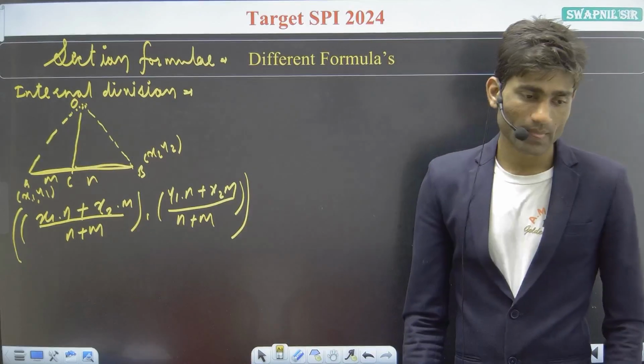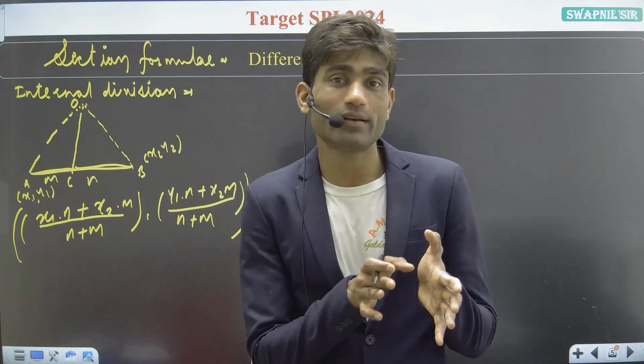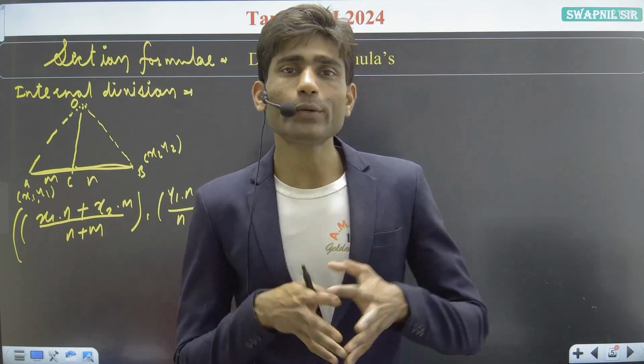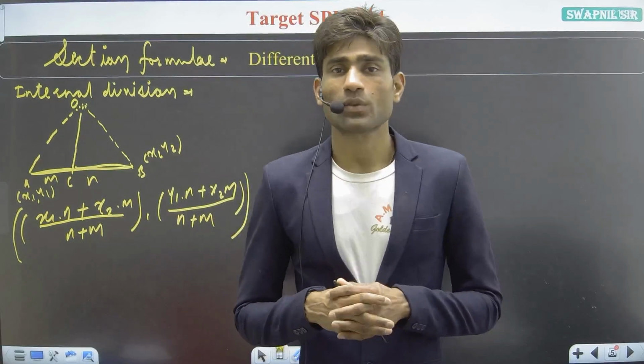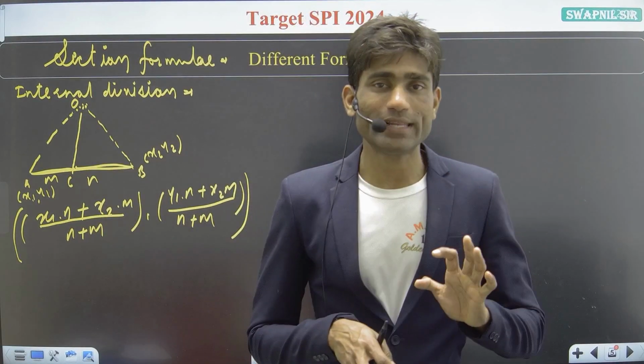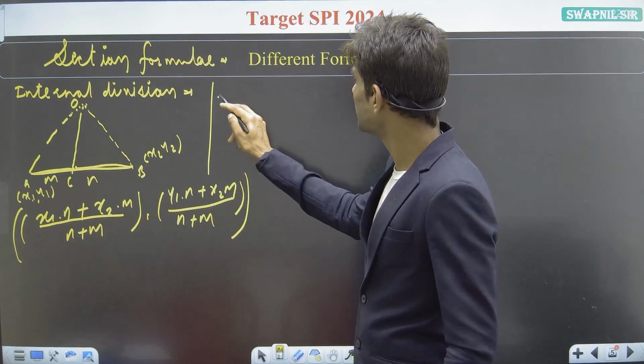This one is for internal division. Now consider it for external division. When we have external division, instead of a positive sign we use only a negative sign. Now I am going to consider external division here.